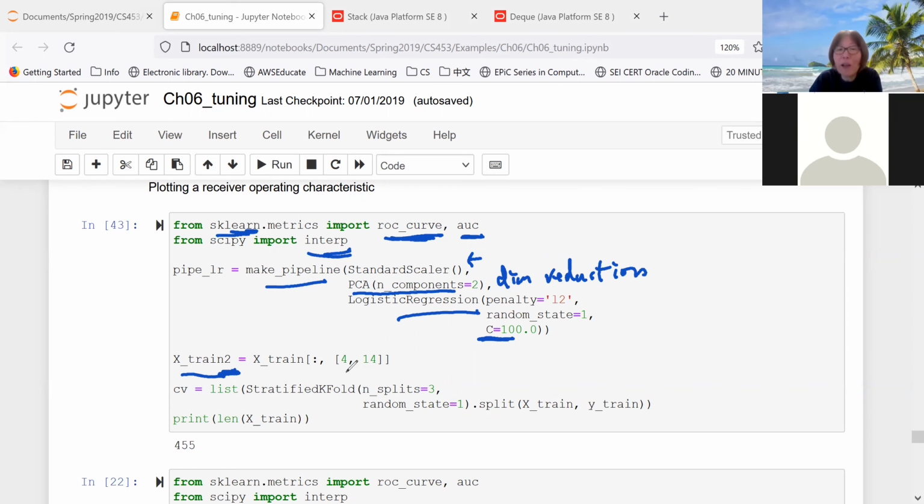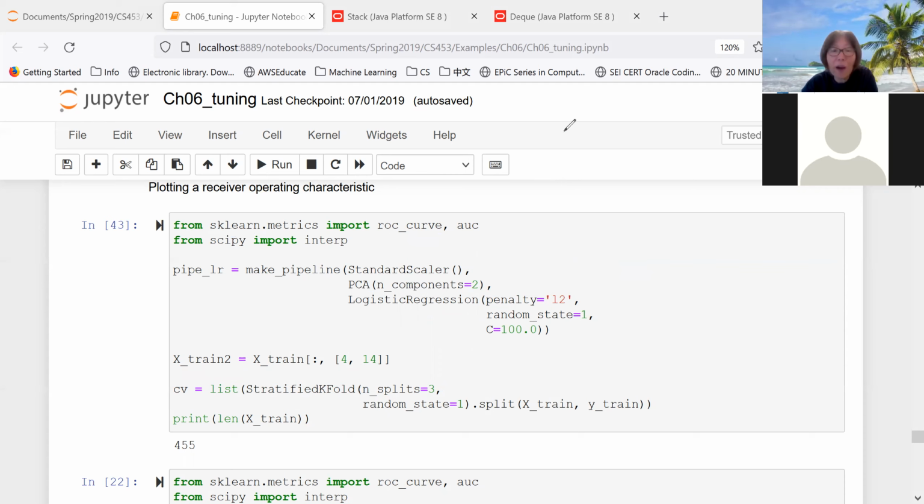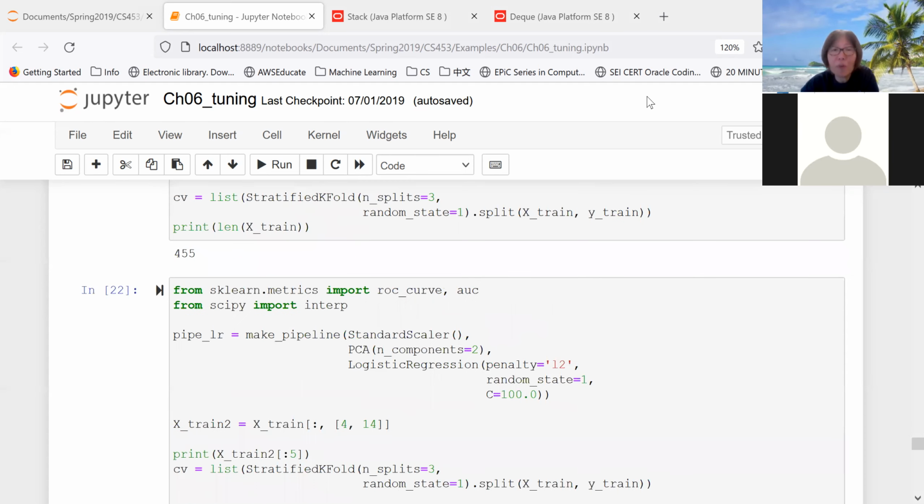After that, for the training data, we are not going to collect all of the features; we just collect 2 features. Then we also do k-fold cross validation, with just 3 folds, and we do the split of the data. This part we already discussed.